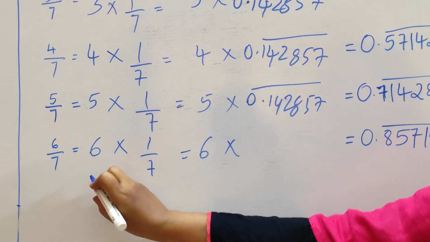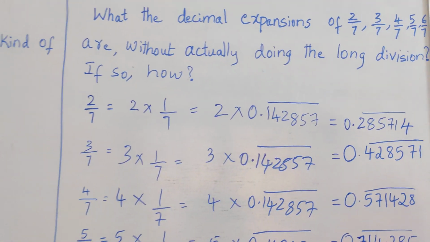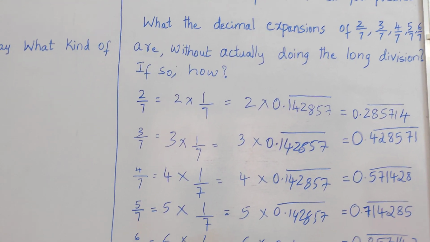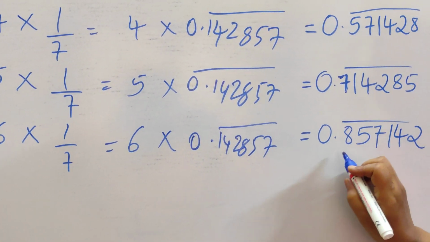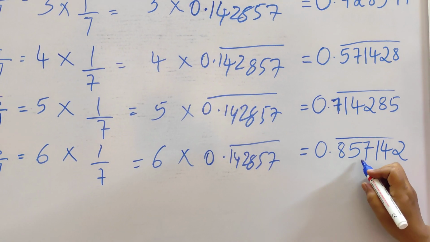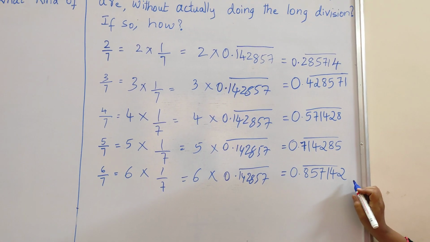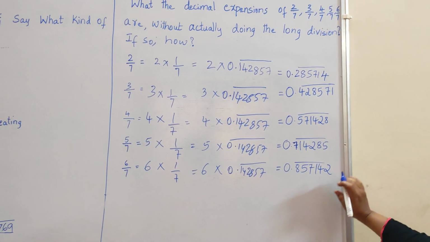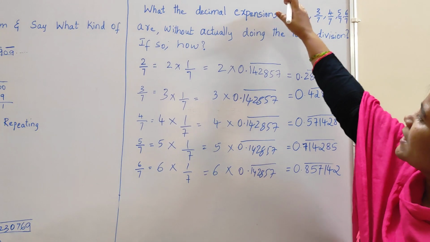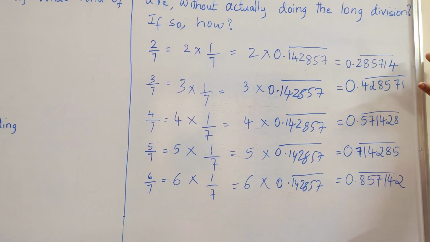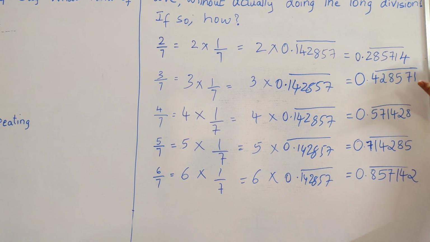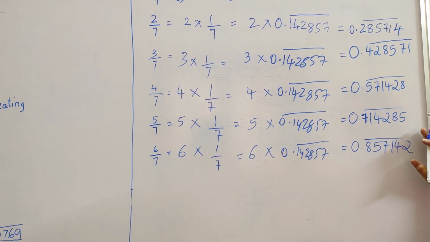And 6 by 7 is 6 into 1 by 7, that is 6 into 0.142857. When you multiply, you get 0.857142. So this is how, without actual division, when the value is given, you can simply multiply the number with the given fraction and do it. So this is how we have solved the second question.